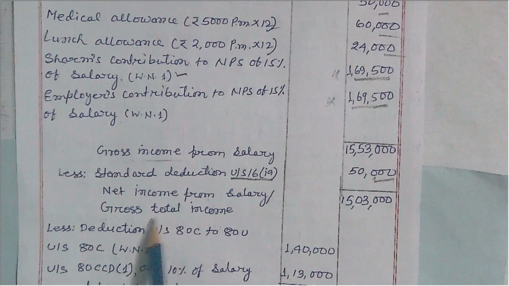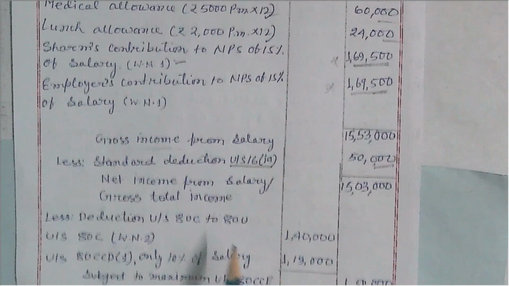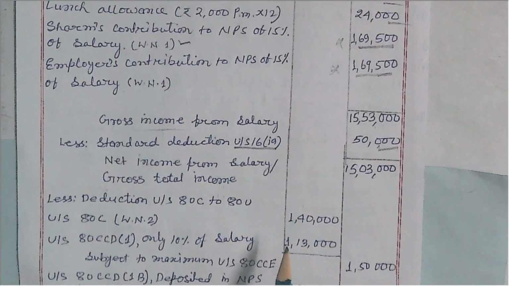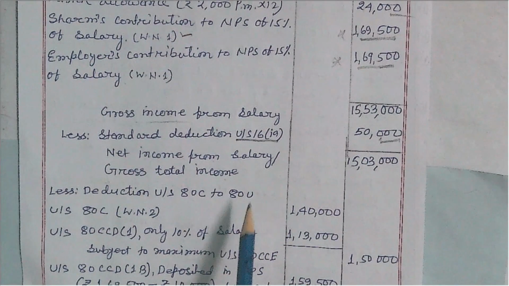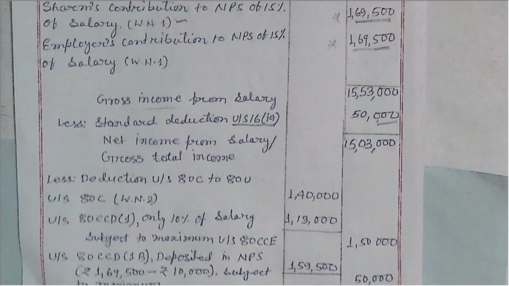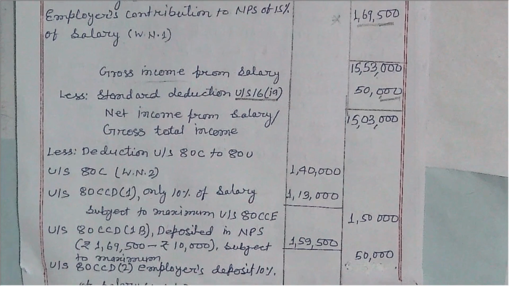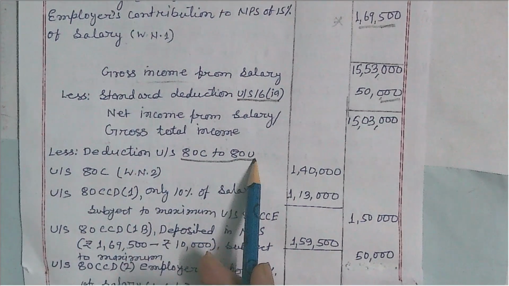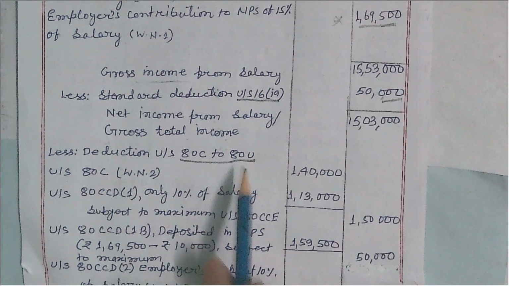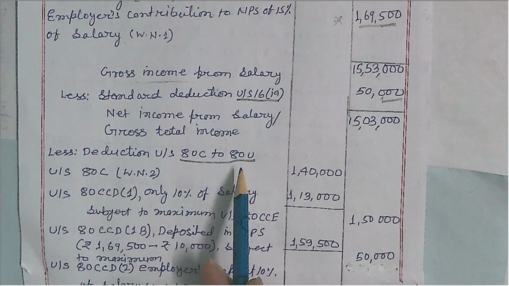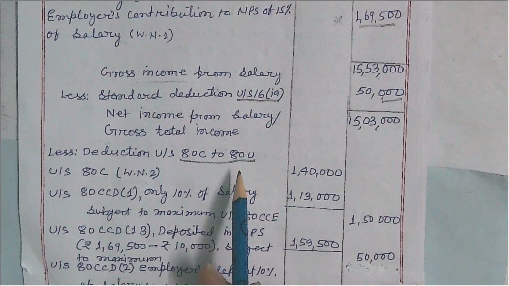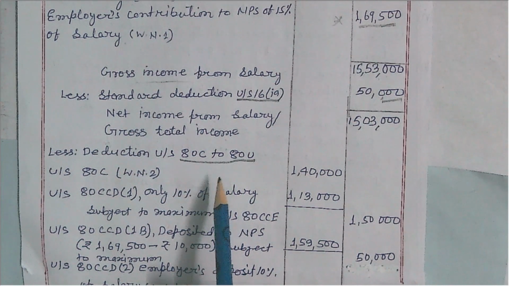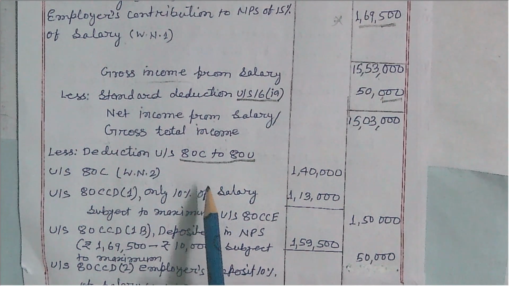Then Chapter VI-A gives the various deductions, and those deductions we have to claim here under section 80C to 80U. Let's see what the sections applicable under this solution are and the amounts given, which are falling under which section.